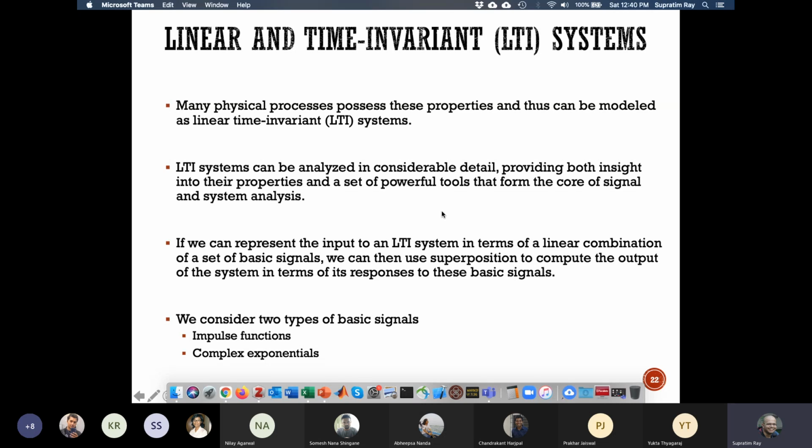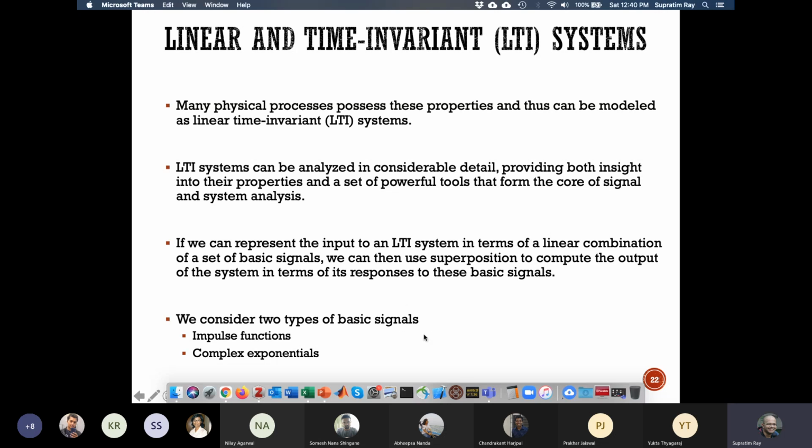Now, when you have an LTI system, it turns out if you give a particular input and you know its output, then if I can decompose any input as a sum of those basic inputs, I can construct the output very easily, because the output is just a scaled and shifted sequence of that basic signal.